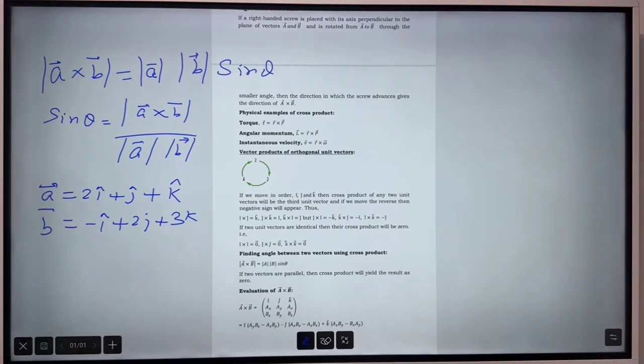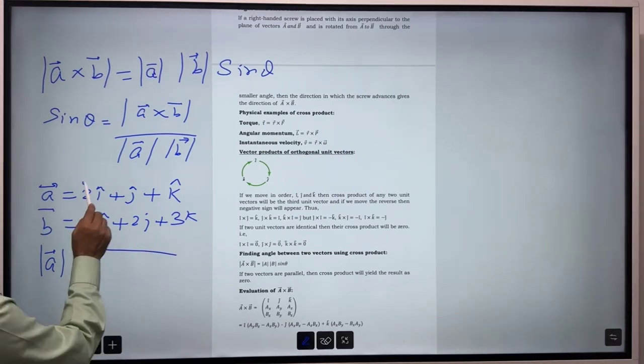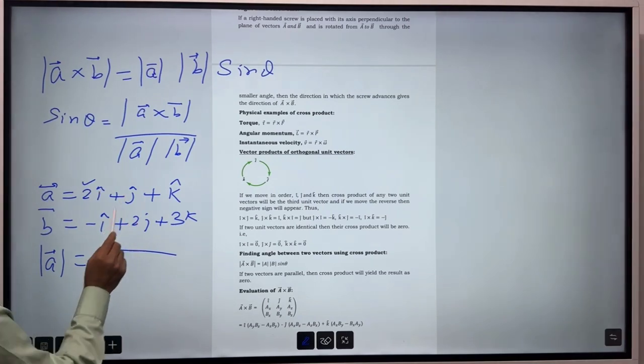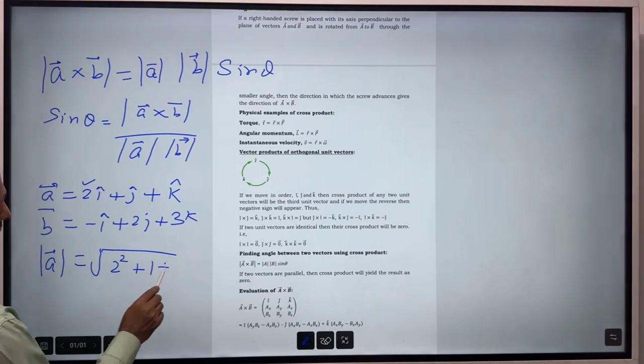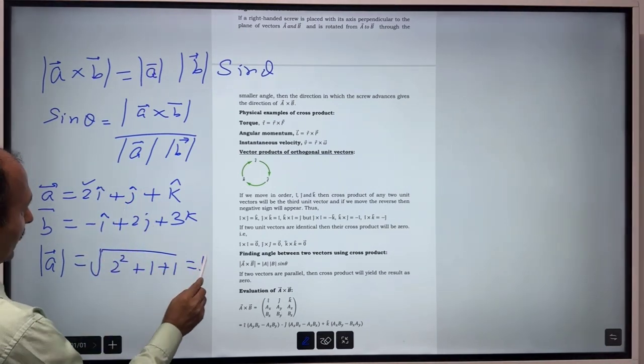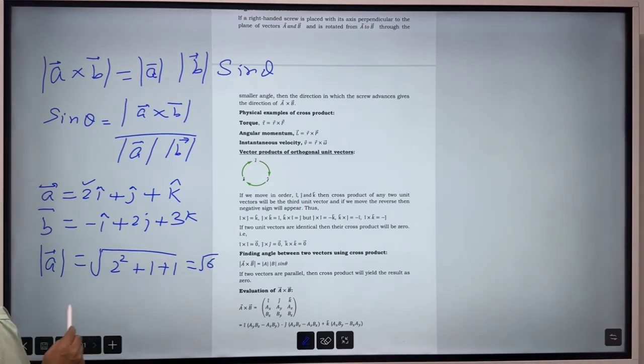So here we have to find out modulus A, because in this formula we will be needing modulus A, modulus B separately. So let's see modulus A. Modulus A will be the root of the coefficients squared, with positive signs in between. So 4 plus 1 plus 1, which gives root 6.